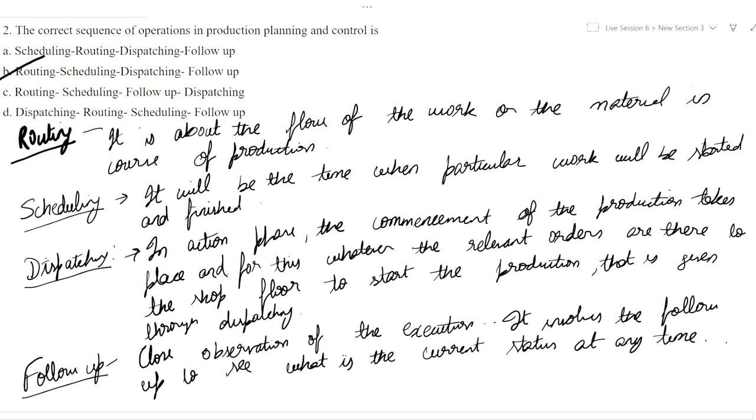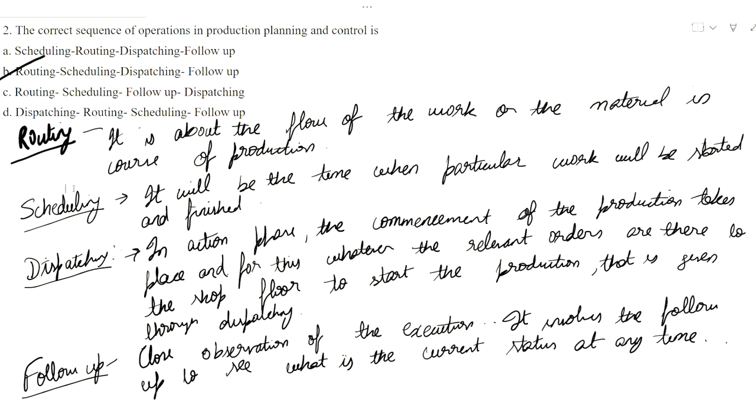Next, we also discussed the different sequence of operations in production planning and control, which is routing, scheduling, dispatching, follow-up. Routing is the flow of work for the material in the course of production. Scheduling is the time when a particular work will be started or finished.